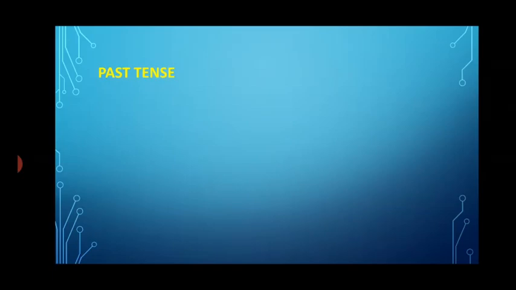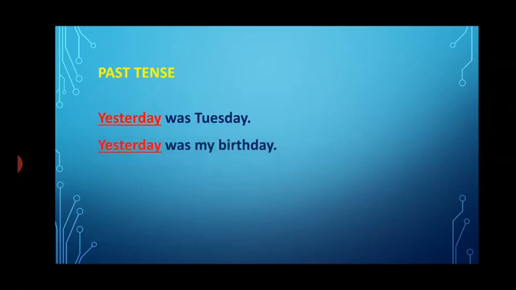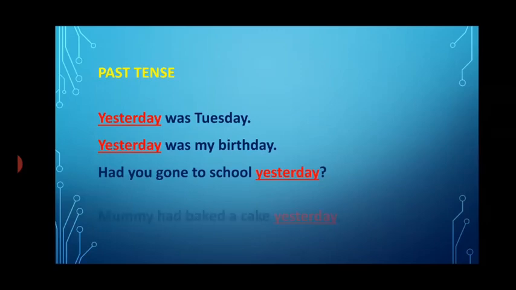Alright. So let's look at the word we use. Yesterday was Tuesday. Look at the next one. Yesterday was my birthday. Had you gone to school yesterday? Look at the next one. Mummy had baked a cake yesterday. Alright.